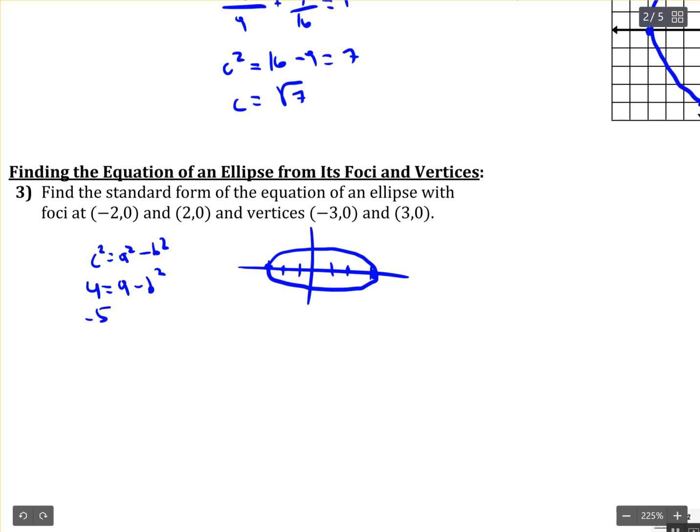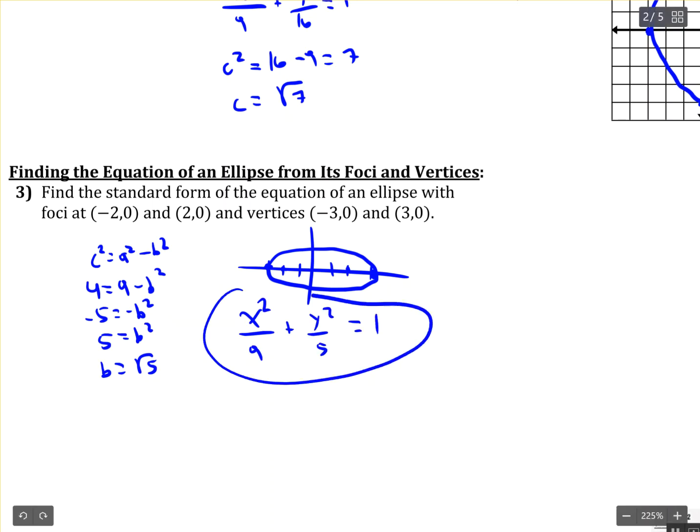So I get negative 5 equals negative b squared, 5 equals b squared. So b equals square root of 5. So I'm just going to have x squared over 9, that's 3 squared, plus y squared over 5, that's the square root of 5 squared, equals 1. And I'm done.